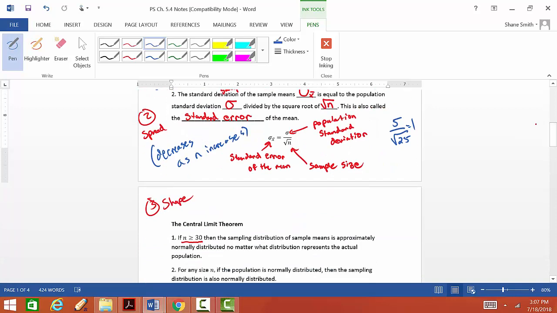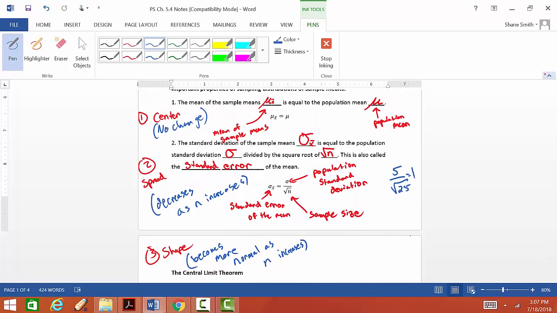And then finally, the shape becomes more normal as n increases. Okay, so those are basically the 3 takeaways from the central limit theorem.